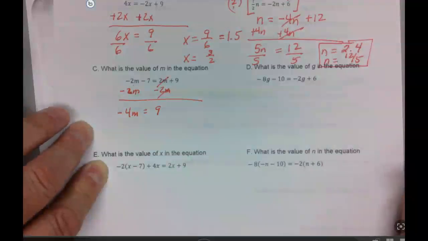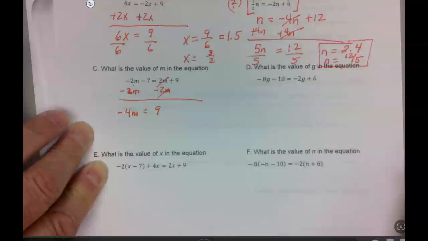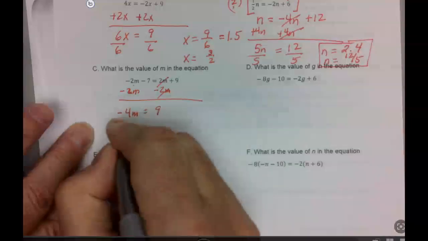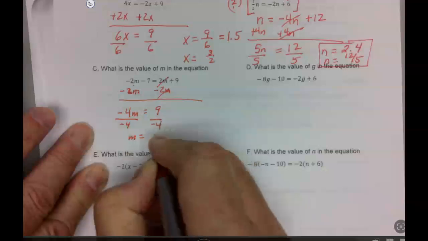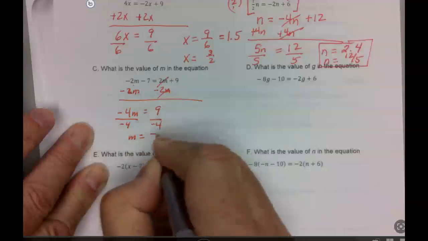So, Aaliyah, what are we going to do next? And then divide 4. Divide what? 4. Divide both sides. 4 and negative 4 are different numbers. So negative 4 or 4. There you go. When you have a positive over negative, you just make the whole thing negative.